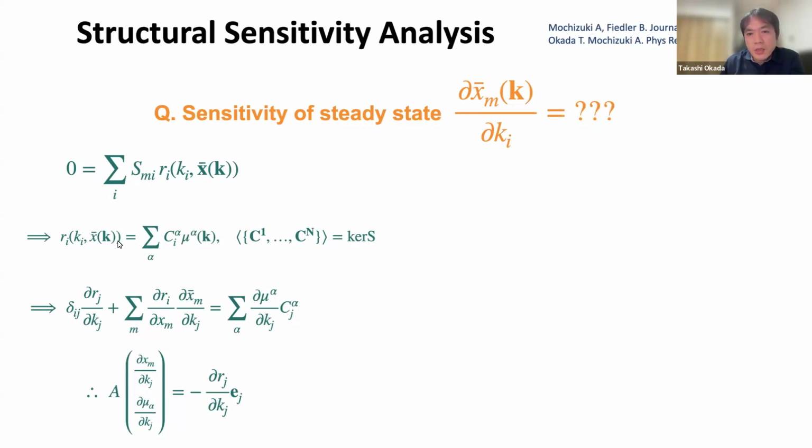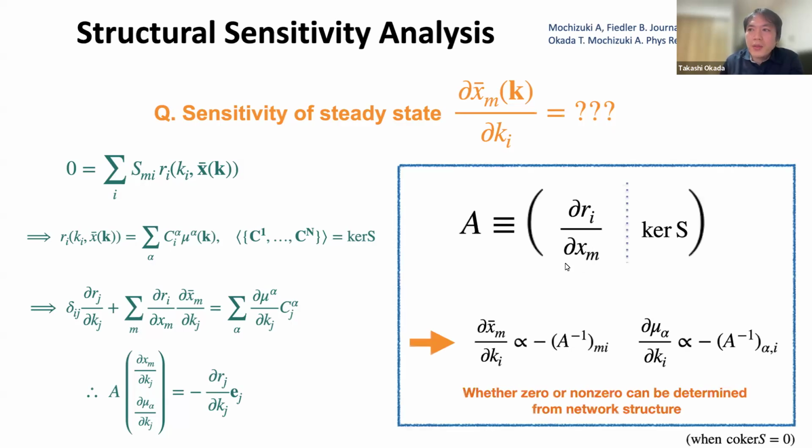By differentiating this equation with respect to a parameter K, we obtain this expression which captures how the steady state is affected by a given perturbation. This can be rewritten compactly like this using a matrix A, which is defined by this equation. A consists of two parts. The left part consists of reaction rate derivatives, and the right part consists of the kernel vectors of the stoichiometry matrix.